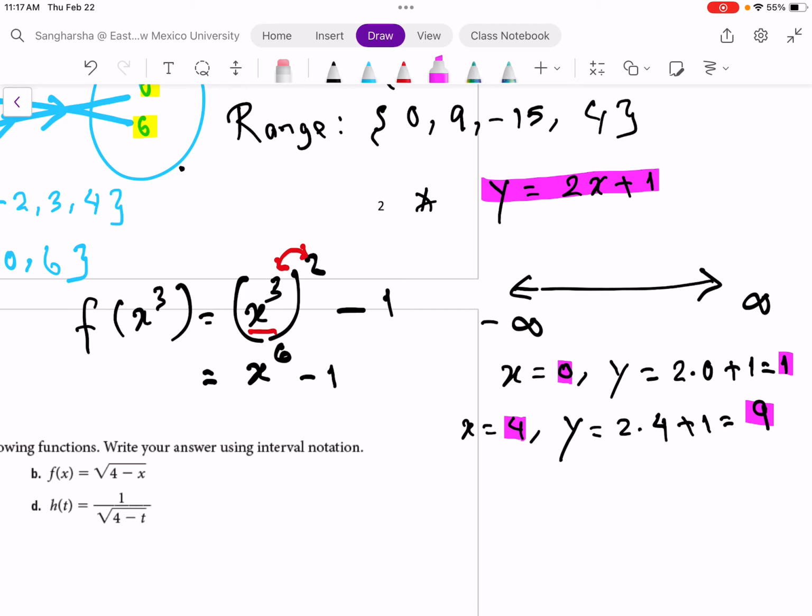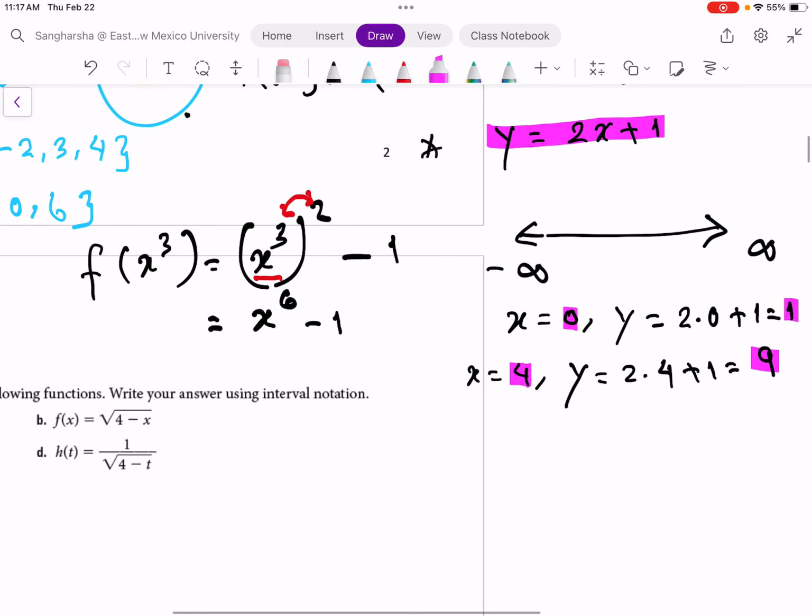This is our linear function, so the domain is every number from negative infinity to positive infinity. Whatever number you choose from this domain, you always get some real number as the output.